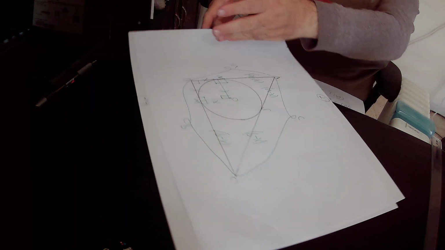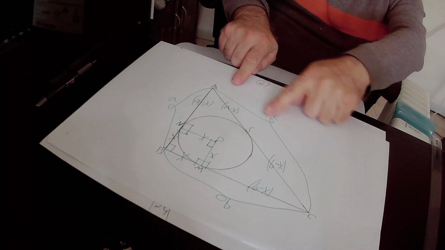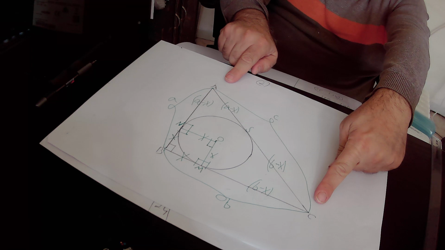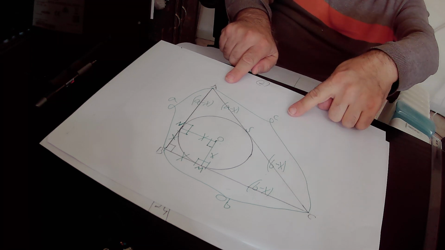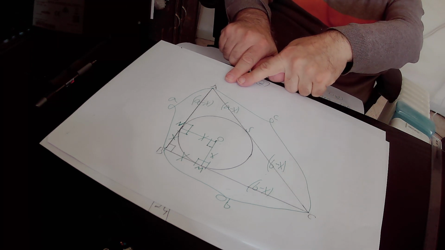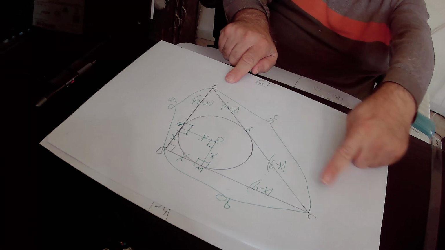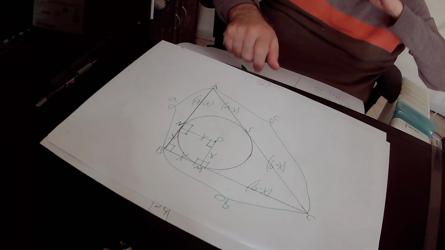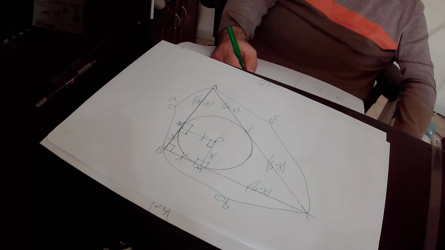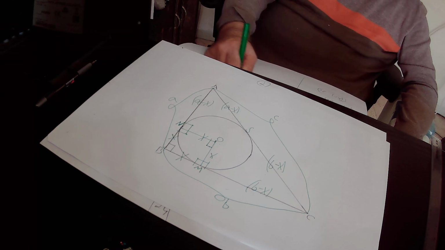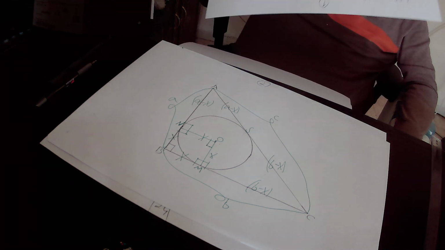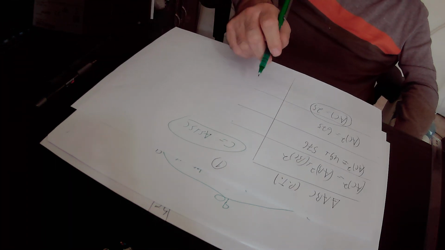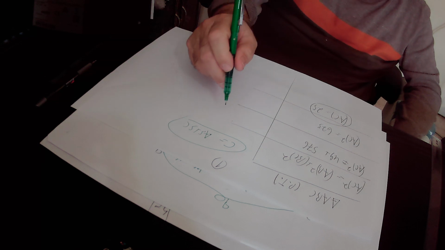Again, the hypotenuse AC is equal to c units in its length, and it is also equal to AS plus SC.